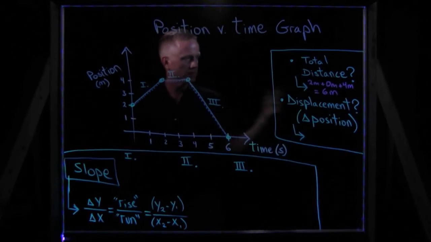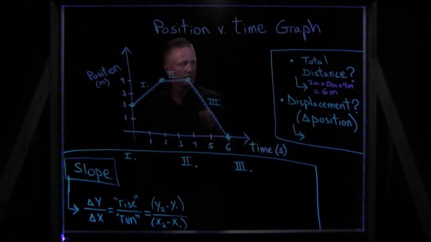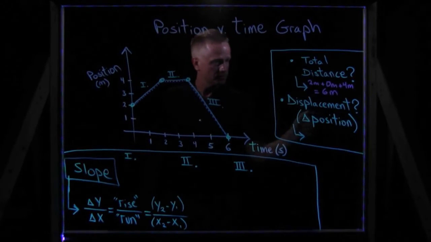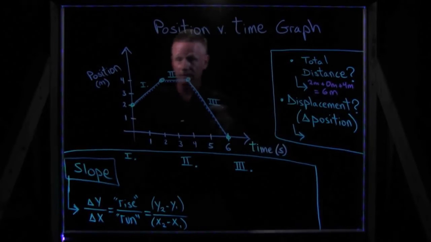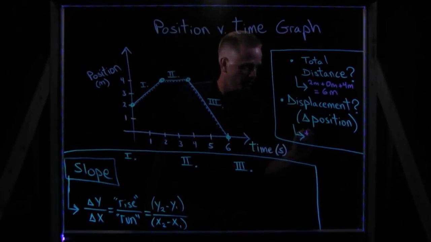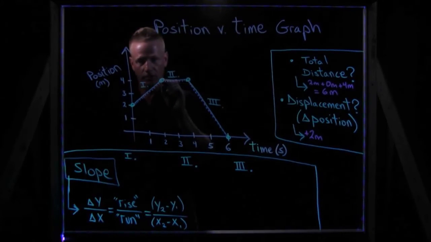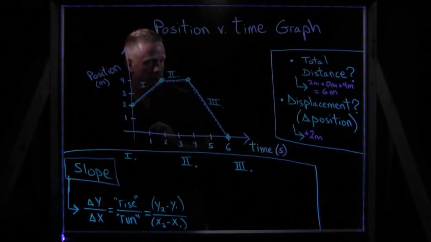So the question becomes, how is that different from displacement? Well, in physics, you're going to hear quite a bit about this term displacement, which is your change in position and includes direction. So the first segment was a change of positive 2 meters, because your end position was at 4, your starting position was at 2, and 4 minus 2 is 2 meters.